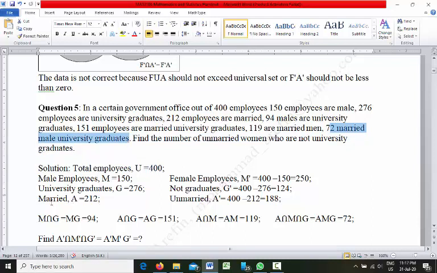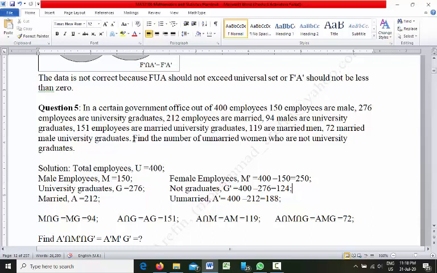Married means A, male means M, and university graduate means G. So 72 employees are A and also M and also G. So A intersection M intersection G, in short AMG, is 72.